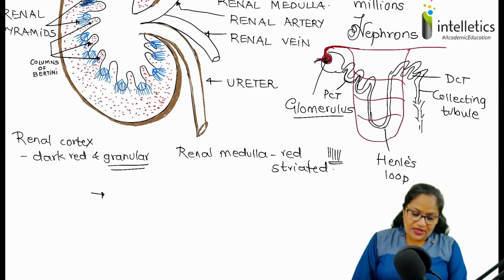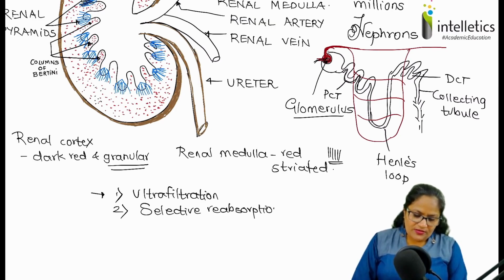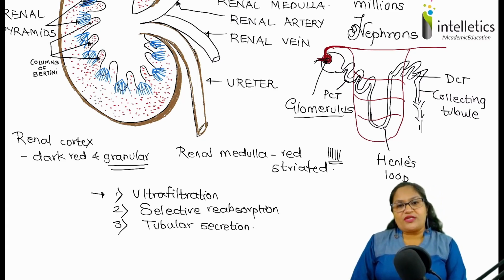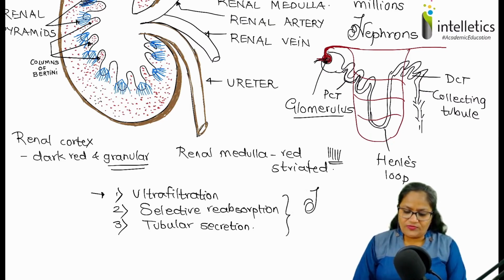The first step being ultrafiltration, the second step being selective reabsorption, and the third step being tubular secretion. All three of these steps together make up the process of urine formation. Okay.